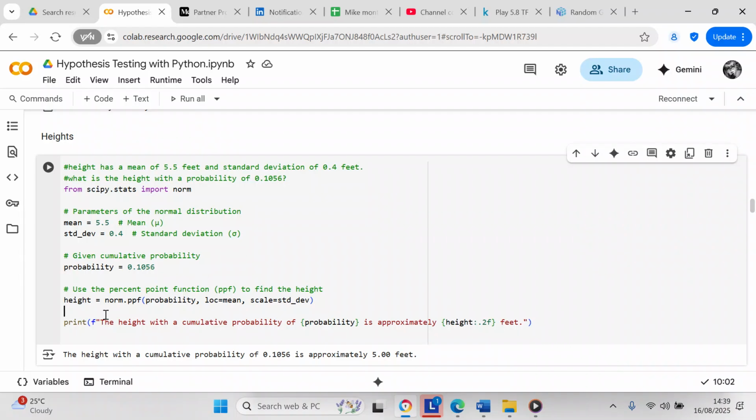And so we're going to print the height with the cumulative probability of probability is approximately height feet. So if it has the cumulative probability of 0.1056, it's approximately 5 feet.